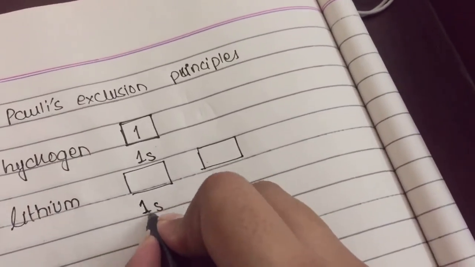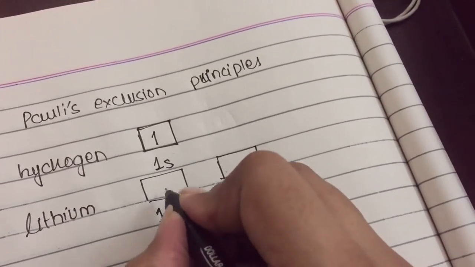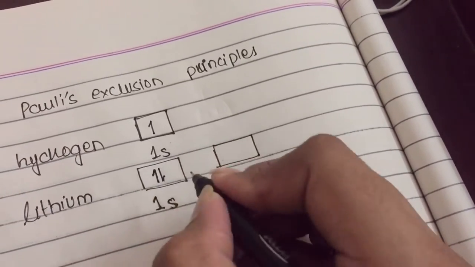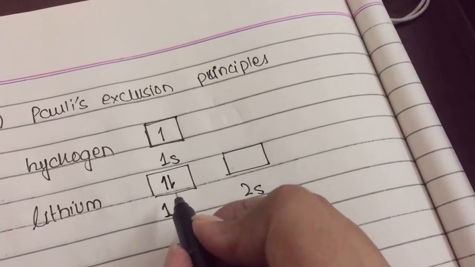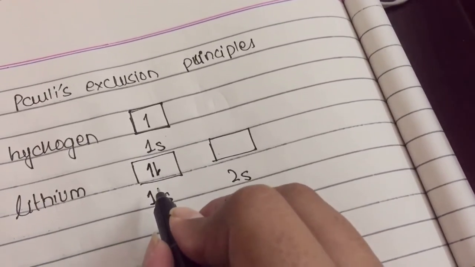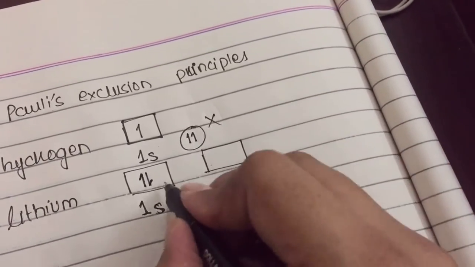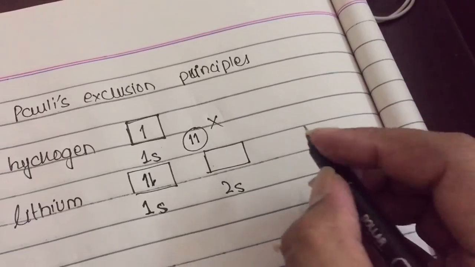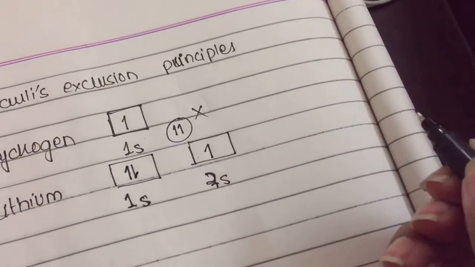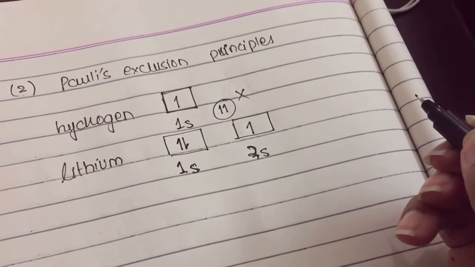First, with the lower energy level, the electrons will be filled in the 1s. Two will be filled in 1s because s contains 2 electrons, but with opposite spins, not with the same spin. And then the leftover single electron will move towards the 2s, the higher energy level, with single spin. This was Pauli's exclusion principle.